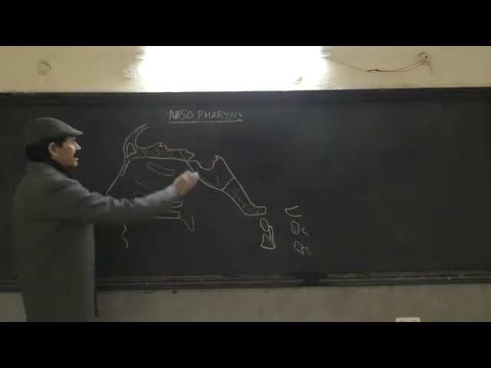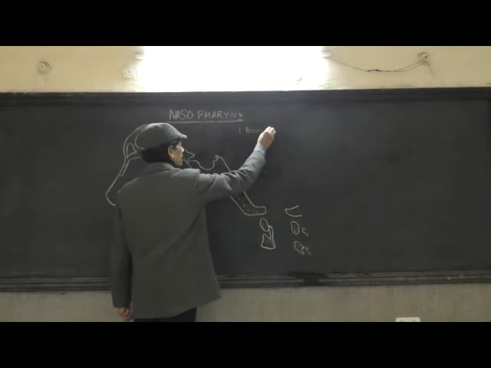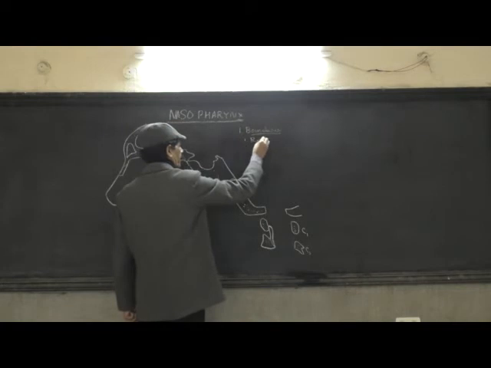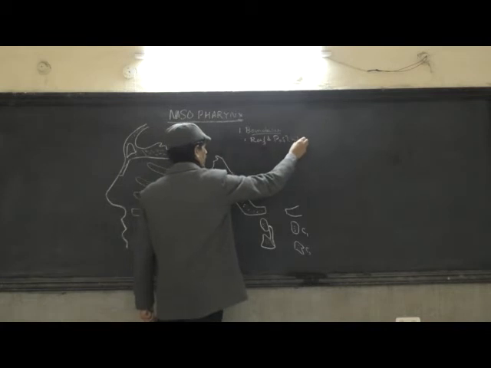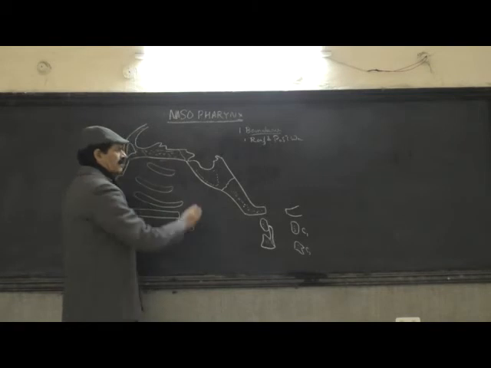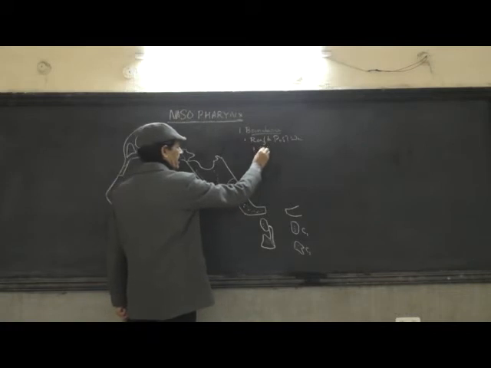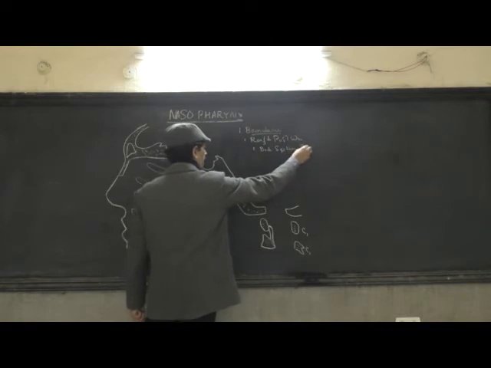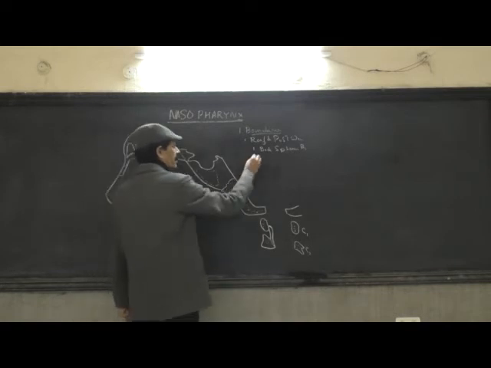So the boundaries of the nasopharynx are the roof and posterior wall. The roof is continuous with the posterior wall and it is formed by the base of the skull, that is, in the upper part, the body of the sphenoid bone, and below this is the basilar part of the occipital bone.